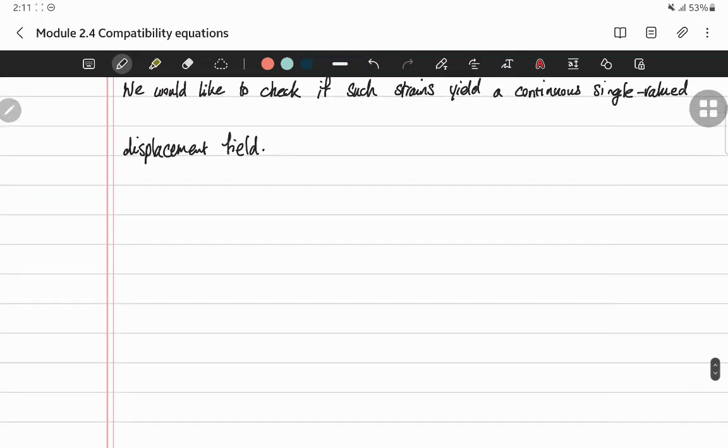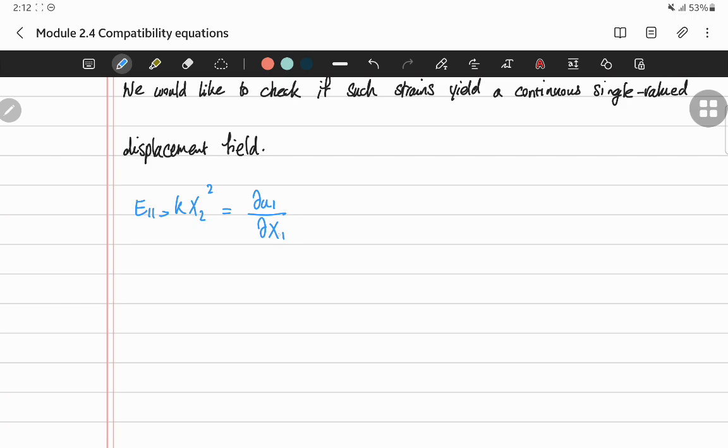Let's check this out. So I write the solution in blue. So we have E11 is equal to kx2 squared, which is the partial derivative of u1 with respect to x1.